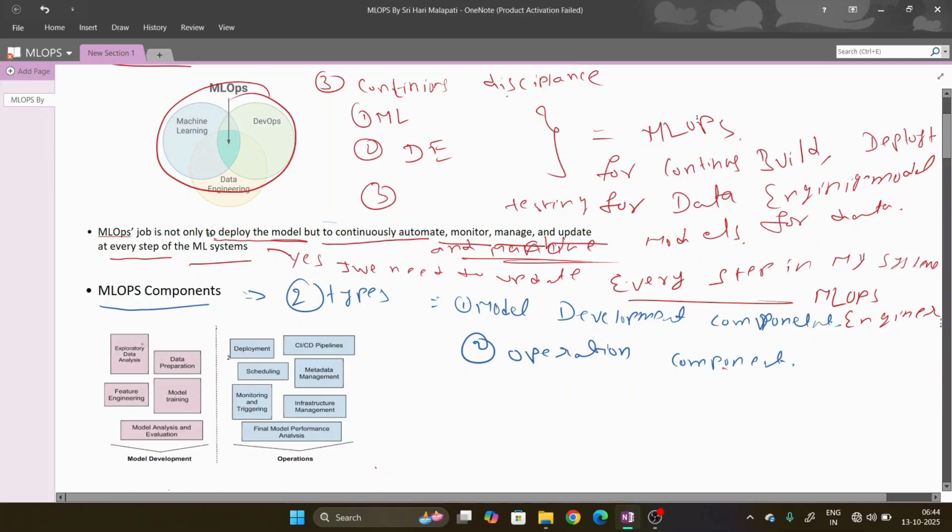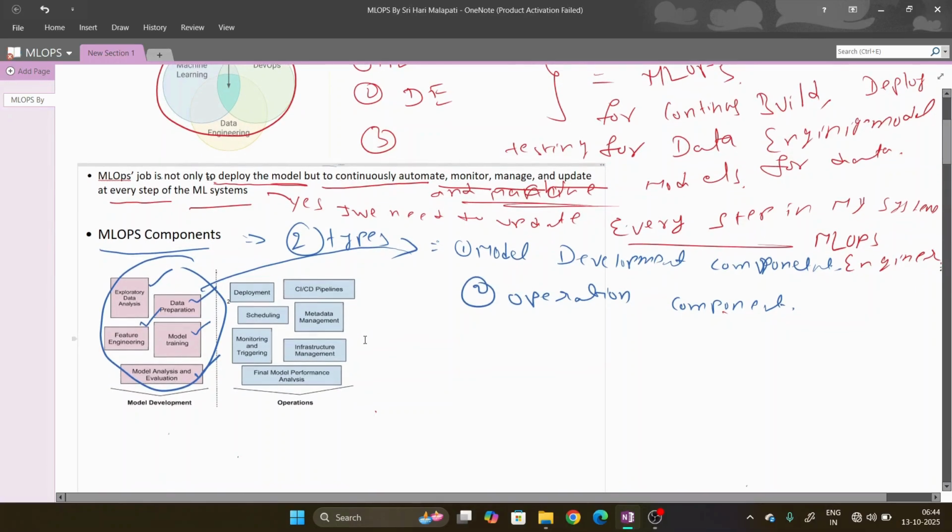Data analysis and data preparation, feature engineering, model training, and model analysis and evaluation all come under the model development section. Here one part of the job is done.